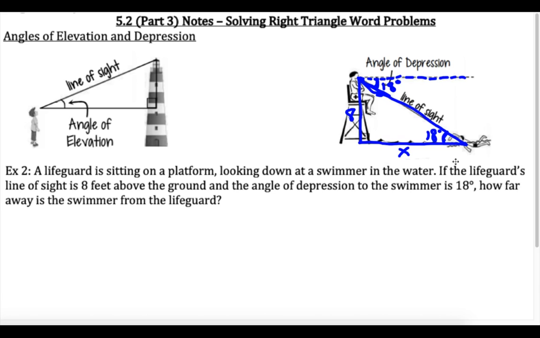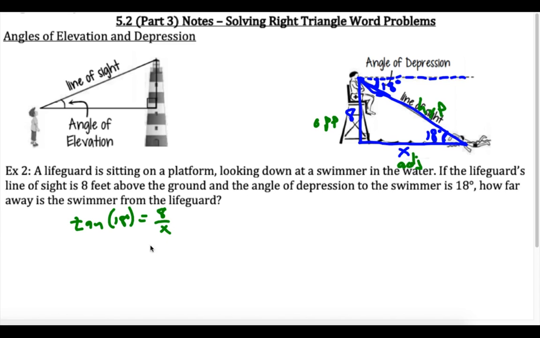So if I cut them with a transversal, alternate interior angles are the same. So here is my right triangle. I'm dealing with respect to this angle, this is the opposite side, this is the adjacent side, and this would be the hypotenuse. So I'm dealing with opposite and adjacent, so my setup would be tangent of 18 degrees equals 8 over x.